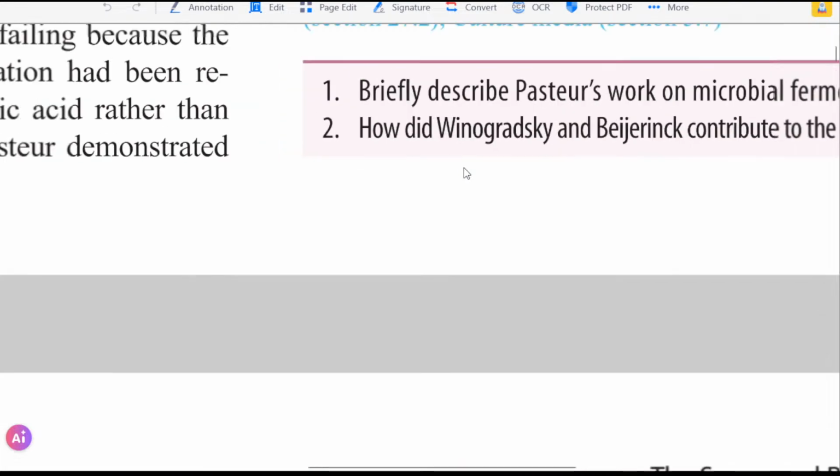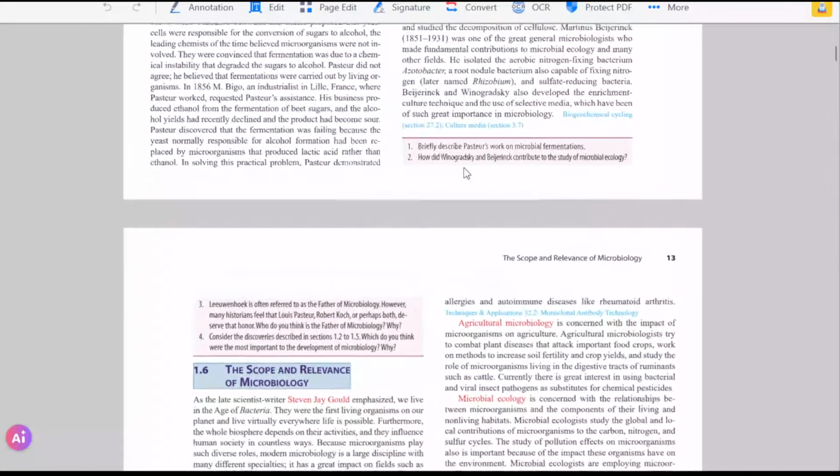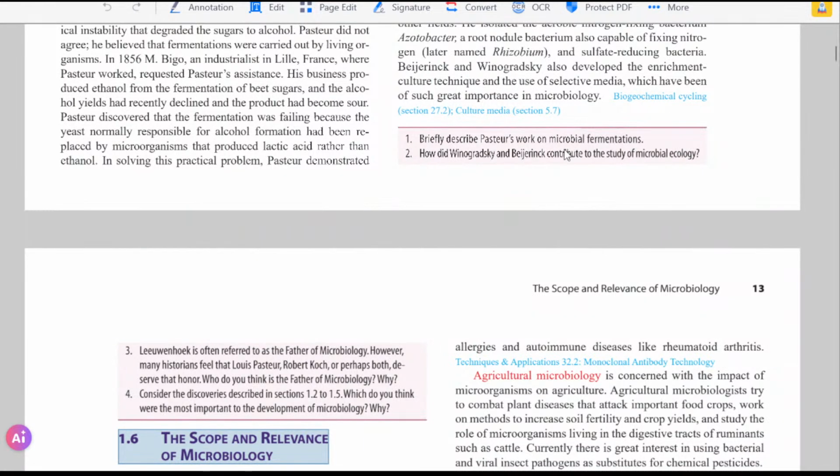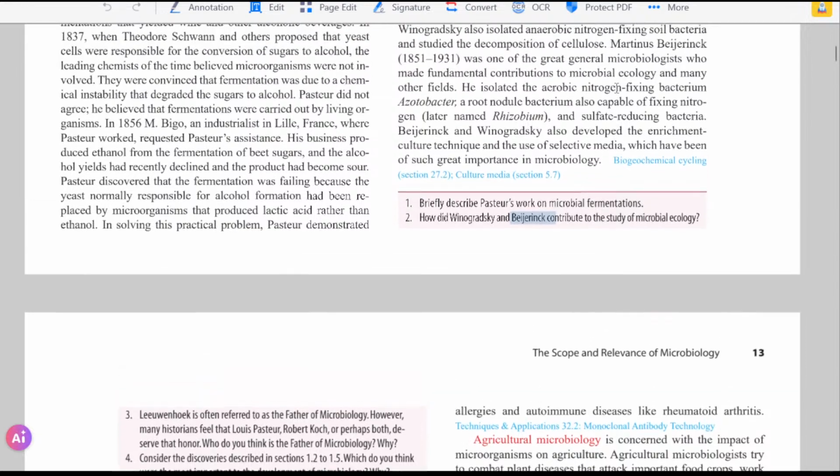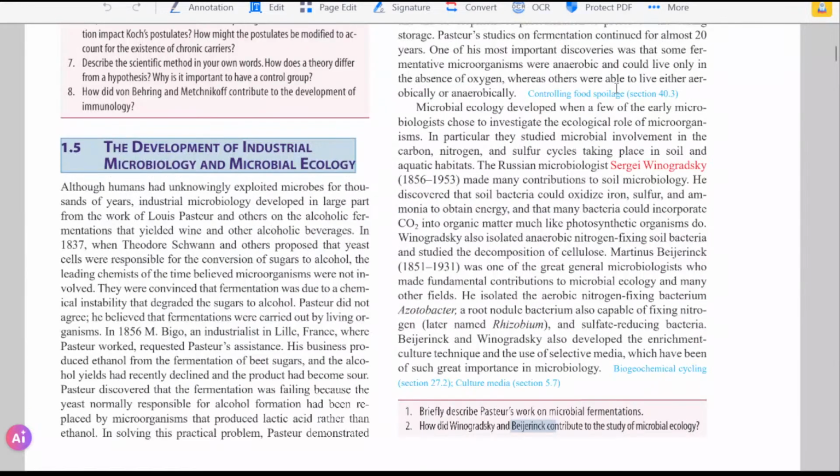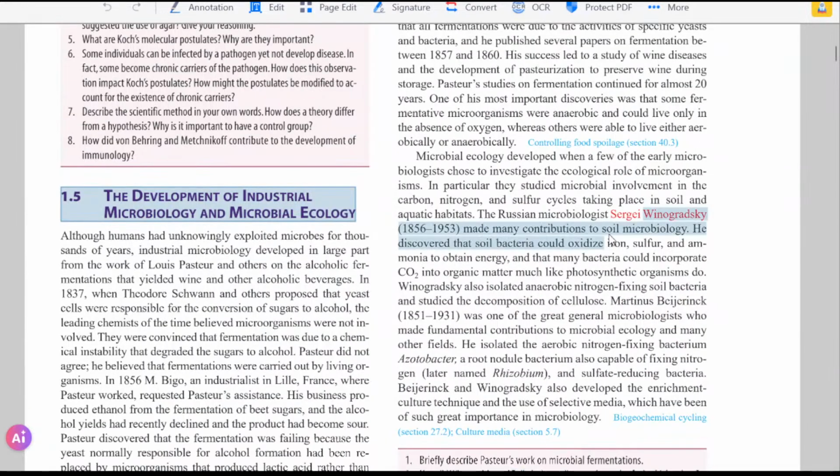Winogradsky and Beijerinck contributed to microbial ecology. Like I told you, Beijerinck was the one that discovered the tobacco mosaic virus. And Winogradsky contributed to soil microbiology by discovering a lot of soil microbes, like iron, sulfur, and ammonia oxidizing bacteria.